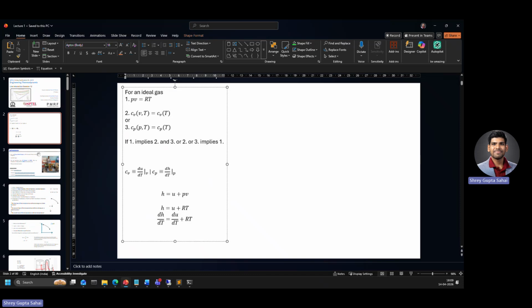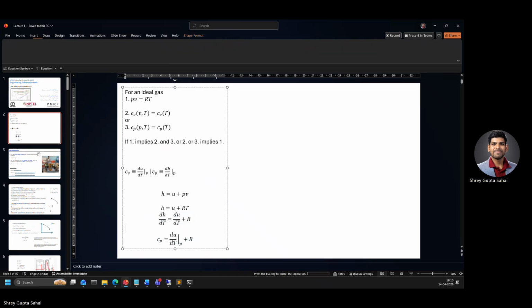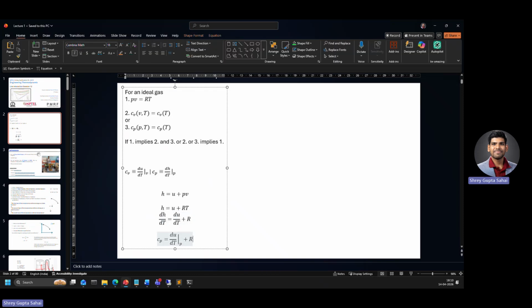Now you apply a constant pressure boundary condition. For a constant pressure process, Cp will become du by dt at a constant P plus R. Isn't that the case?